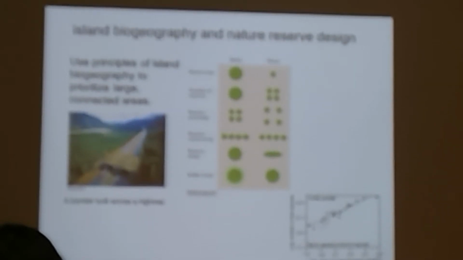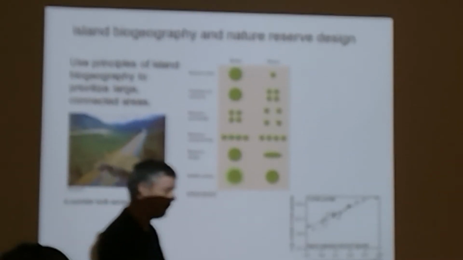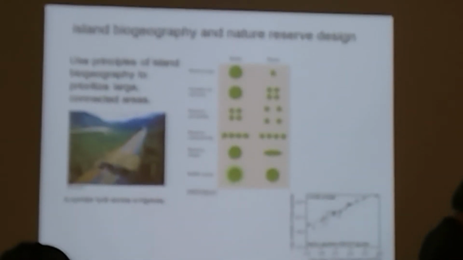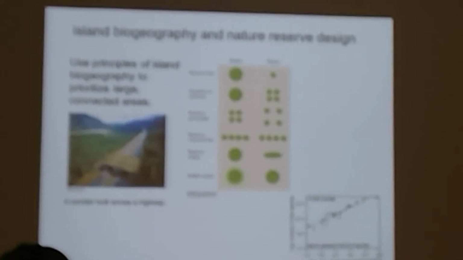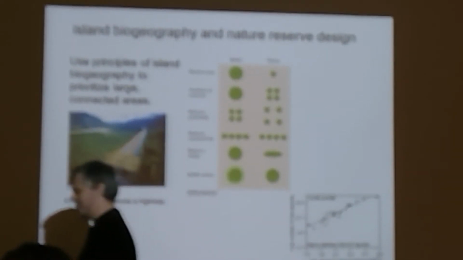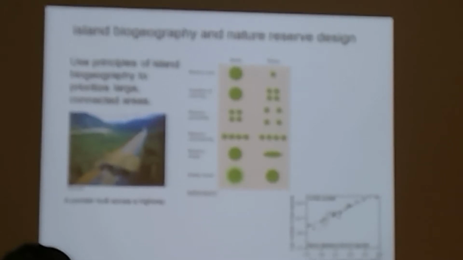The idea here is if you have reserve areas that are relatively close together, there's the possibility of wildlife or even wild plants being able to make the jump from one of those habitat areas to another, enabling gene flow back and forth, potentially stabilizing populations in the event of population extinctions and so forth. Whereas if they're far apart and they become more isolated, the number of species you would expect at equilibrium is basically not defined.